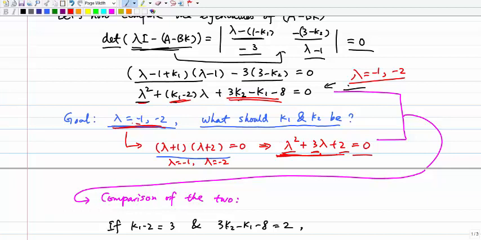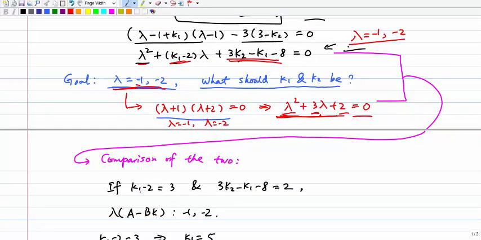So by comparing these two, if I let k1 minus 2 equal 3, and 3k2 minus k1 minus 8 equal 2, then the eigenvalues must be -1 and -2, right? Because this equation will be the same, and the solutions to it will be -1 and -2.